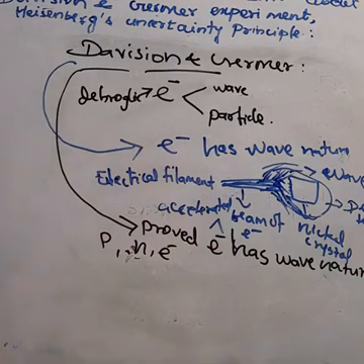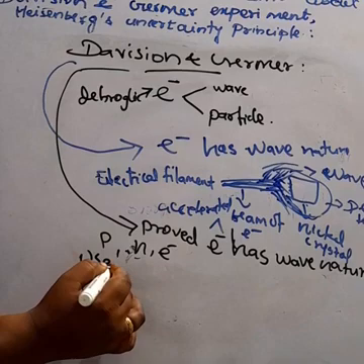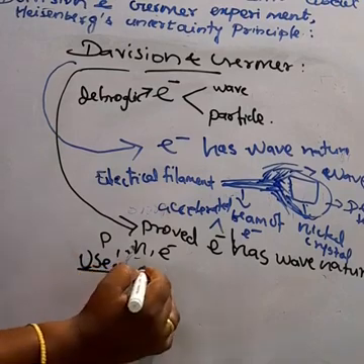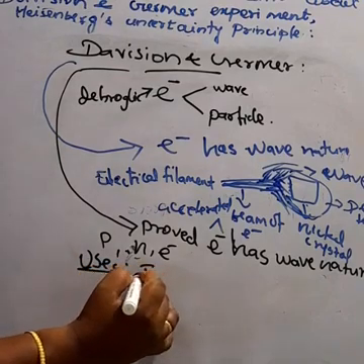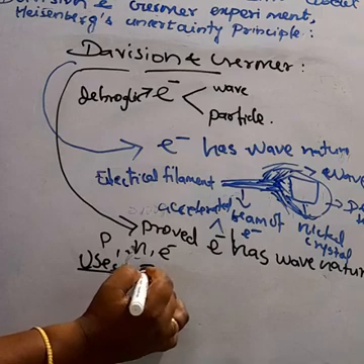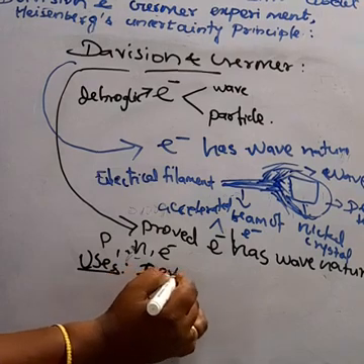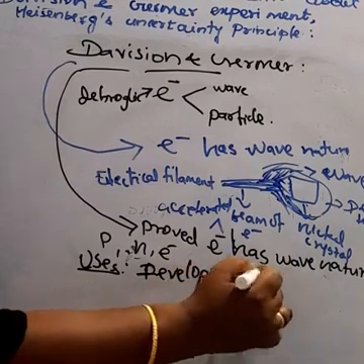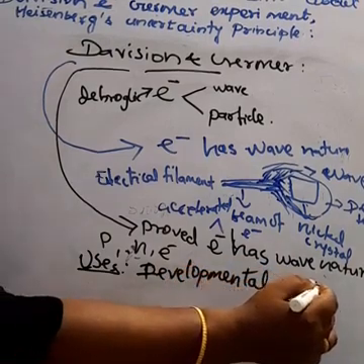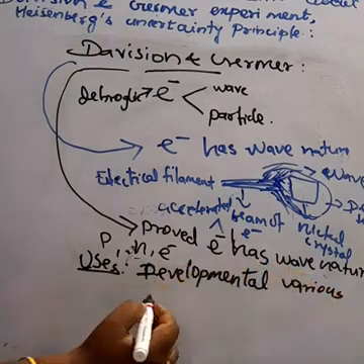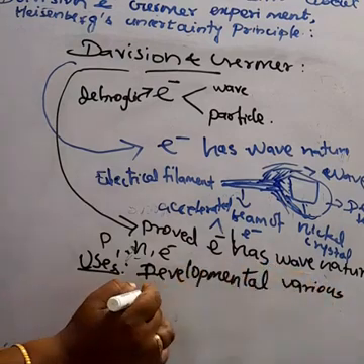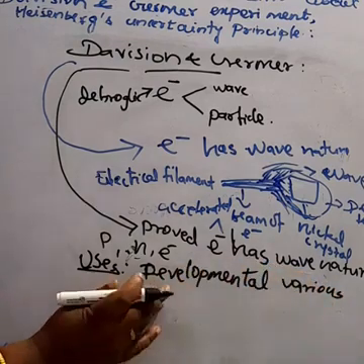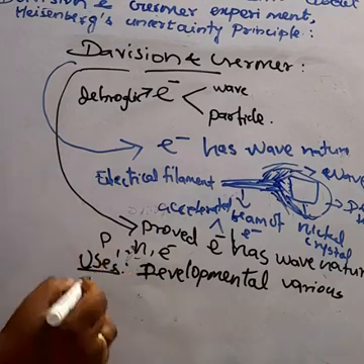What are the uses of finding the wave nature of electrons? It is used in the development of various experimental techniques such as the electron microscope, low energy electron diffraction, etc. The diffraction pattern is similar to the X-ray diffraction pattern.